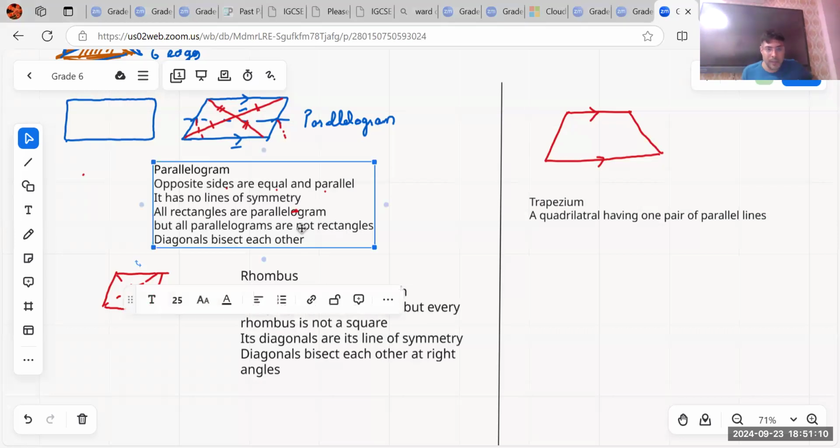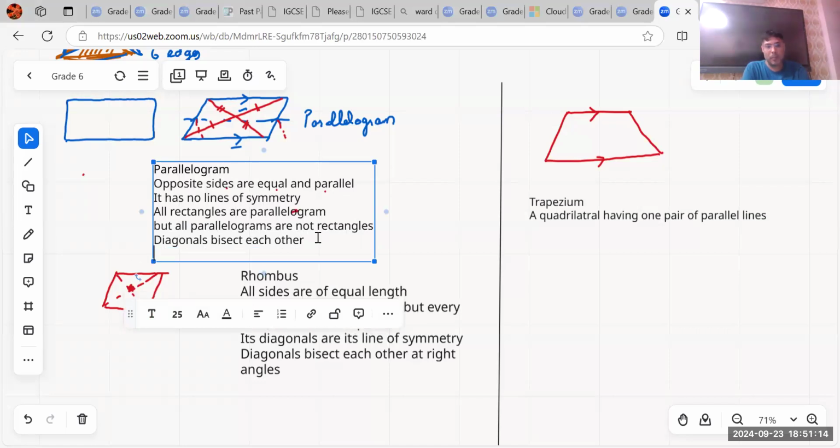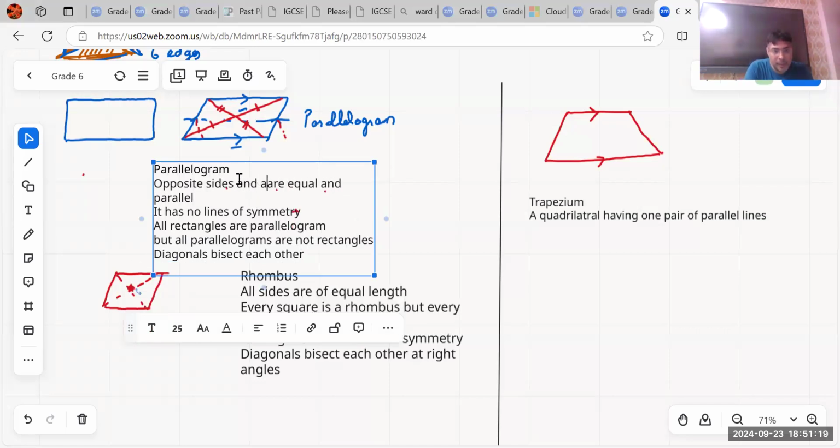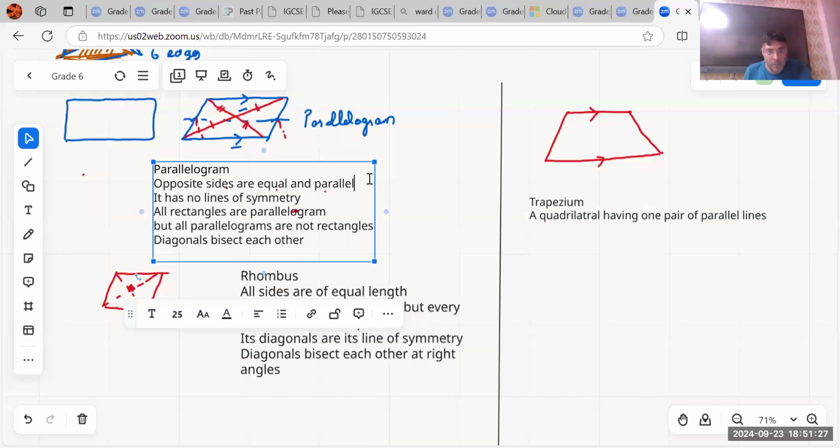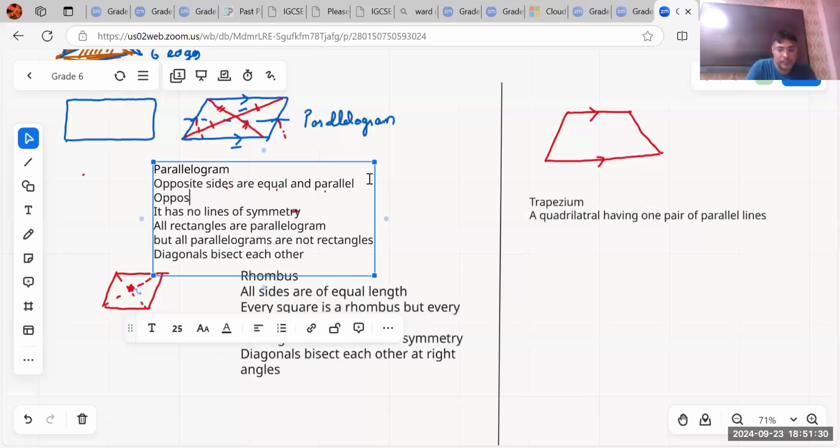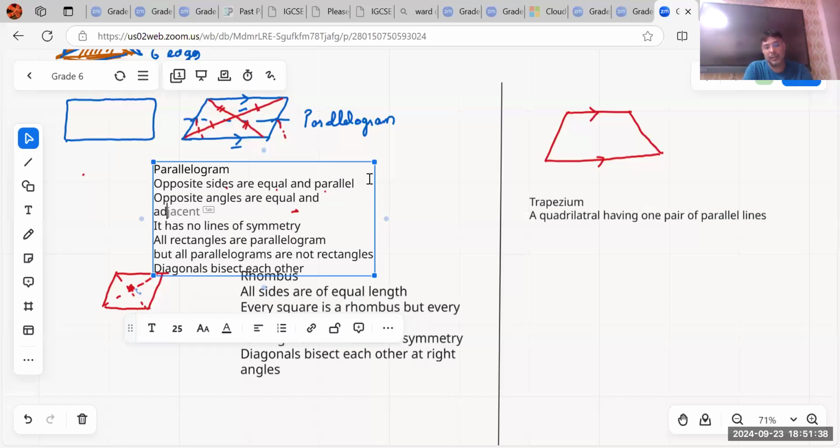And we can write more points also. One more point. Along with opposite sides, please write opposite angles too. Opposite sides are equal and parallel, and let us write angles separately. Opposite angles are equal, and adjacent angles are supplementary.